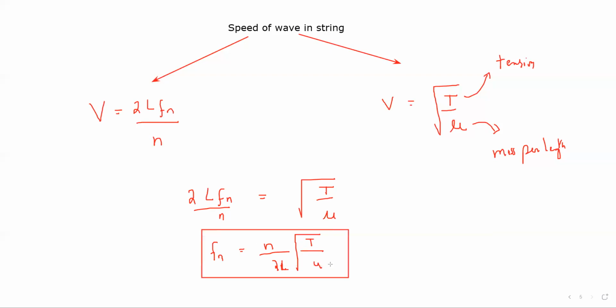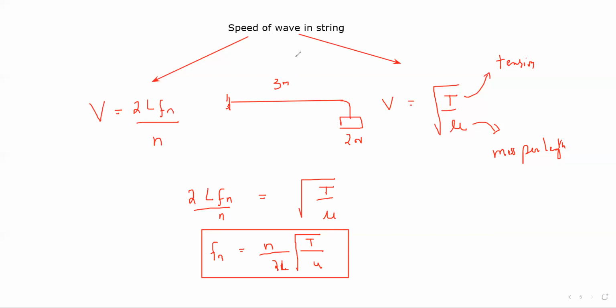For example, if we know the length of the string, they mention a string which is 3 meters long, and one end is fixed and at the other end we attach a load. Example, a 2 Newton load is attached, so the tension is 2 Newton.